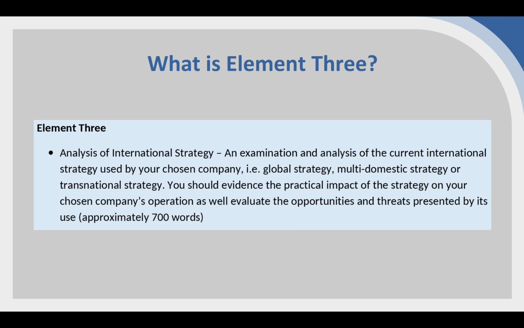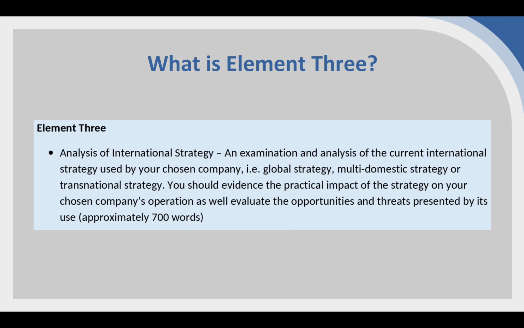There are specific ways we can identify the impact of these strategies, or which of these strategies are being used. Companies don't have on their website, we are using a global strategy or we are using a transnational strategy. These are academic taxonomies, academic terms, but you will be able to examine how the company operates and then evaluate which strategy is actually being used. That's what you need to do.